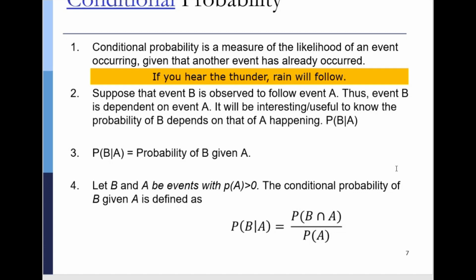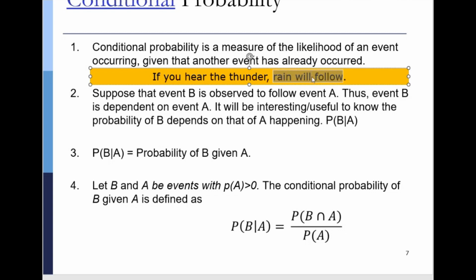So are we able to determine the probability? Like, okay, if you hear the thunder, rain will follow 50-50, 50%. Is there a way for us to compute? The answer is yes, but we must have the data. So this is what we call conditional probability, because first we must determine the probability of thunder. Then we must determine the probability of rain.